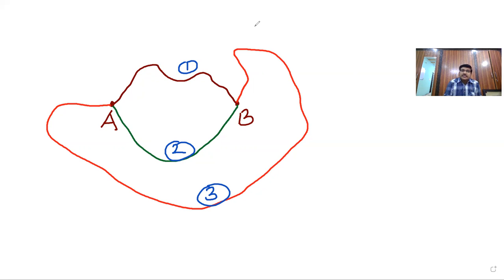What is the distance now according to the definition? According to the definition, the distance is simply defined as the path length. In the first case, the path length traveled by this object is the distance. In the second case, this is the path length traveled by the object.